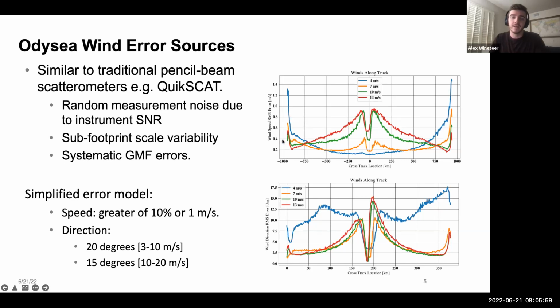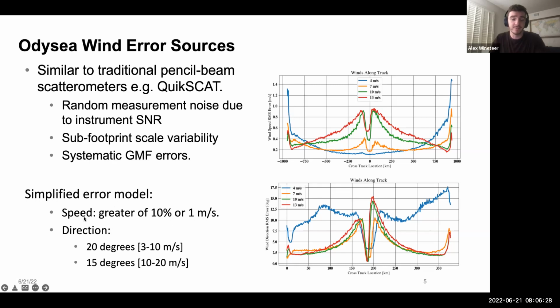So if you've ever seen a plot like this from scatterometers with wind speed error versus cross-track location, you end up with something that has higher errors in the center, higher errors on the edges, and you have what we call a sweet spot between the center and the edges of the swath.